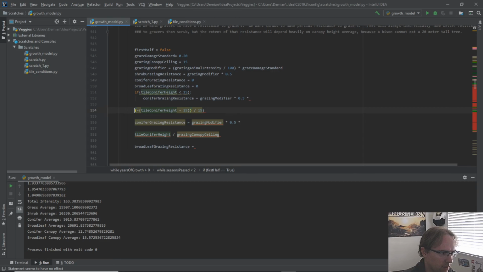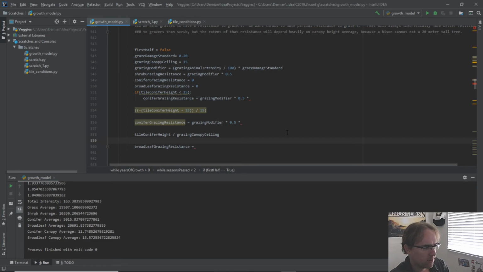Into parentheses hell here. Let's say the conifer height, let's say it's 5, right?